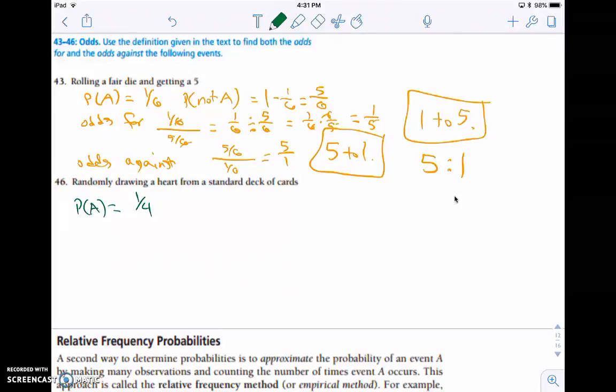Then the probability of not A is 3/4. So the odds for A is the probability of A, which is 1/4, divided by the probability of not A, which is 3/4, and that reduces to 1/3. So that's 1 to 3 odds.